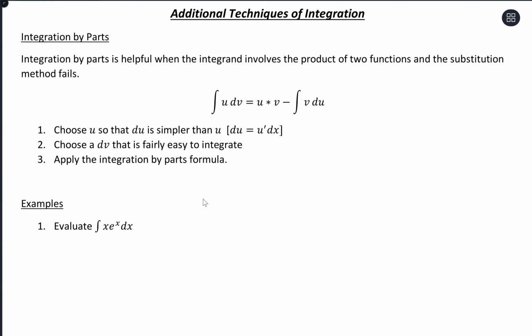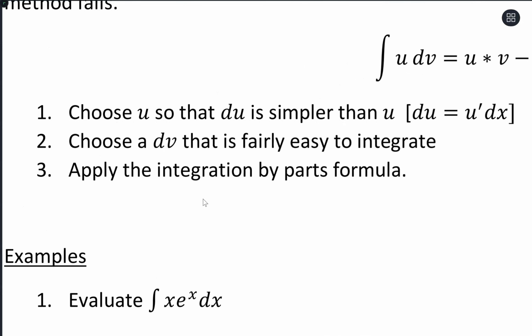Now we're going to talk about some methods for which one to choose, and how this can kind of piece together. Some tips: you want to choose u such that du is simpler than u. So you want to be making things simpler when we're taking the derivative there. And you want to choose dv as something that's easy to take the antiderivative of.